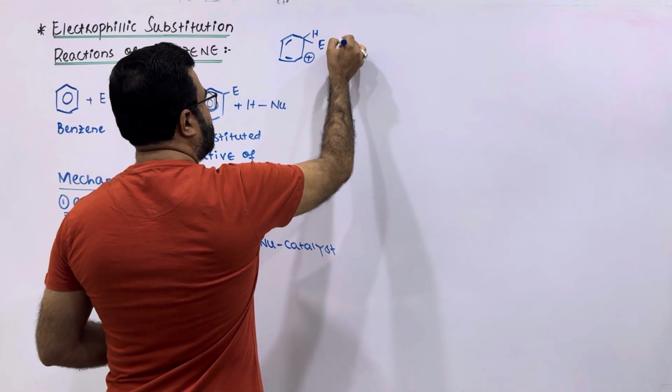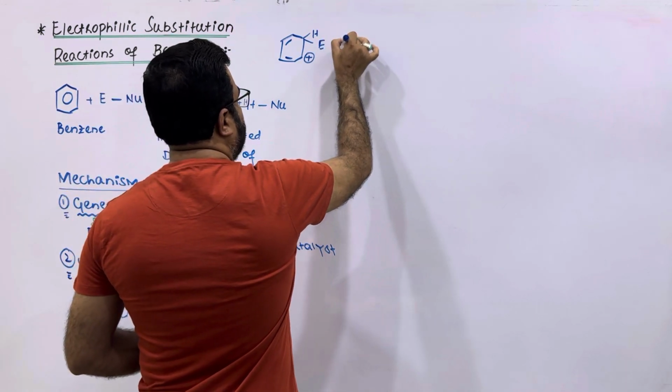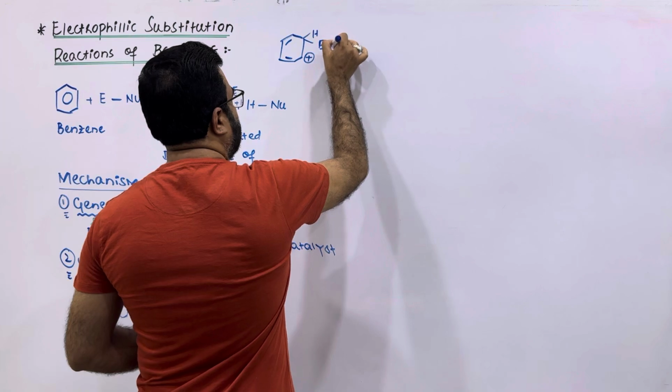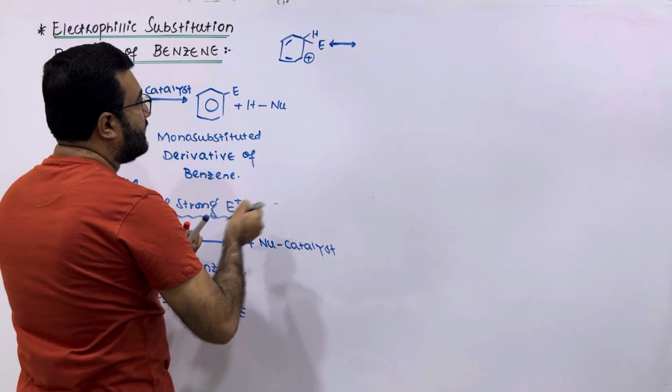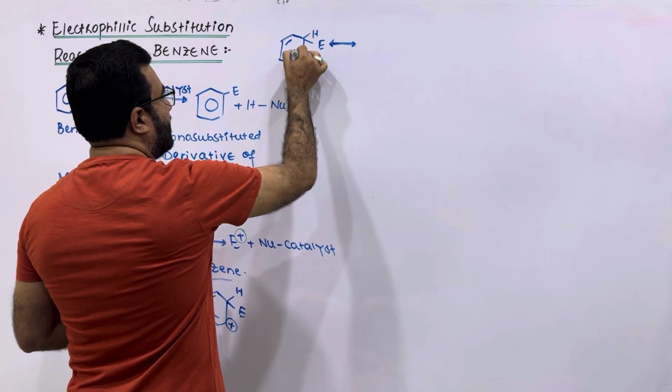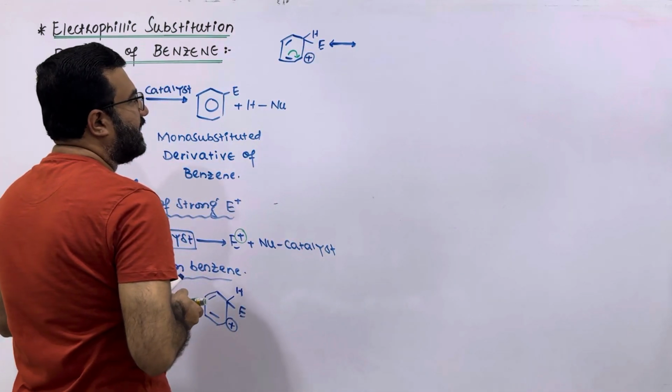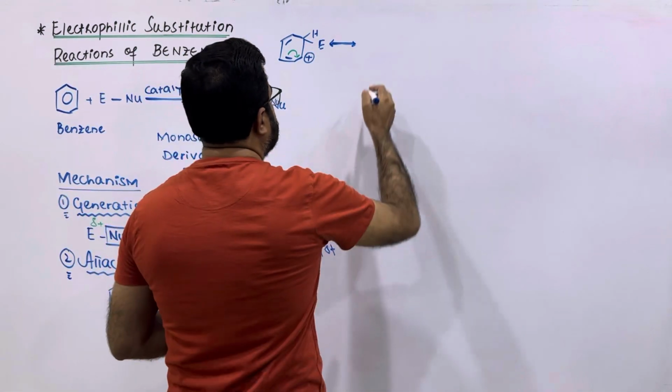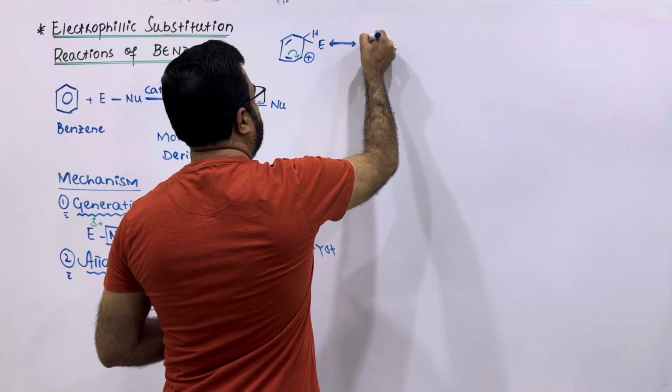You know that the positive charge along with the pi electrons can resonate in the ring. So in this case, this pi bond will be shifted here, and the location of the positive charge will be changed.